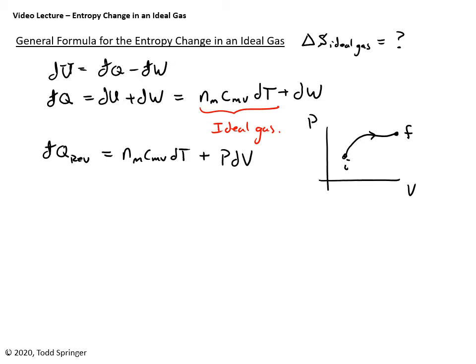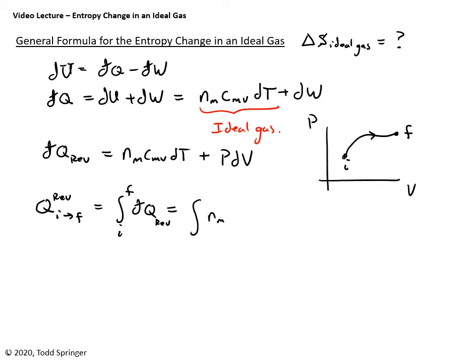So what you might try to do is say, let me try to figure out what is Q going from the initial point to the final point. Well, that would just be the integral of đQ, starting at some initial point, ending at some final point. And then since đQ is up there, this is the heat added in a reversible process.